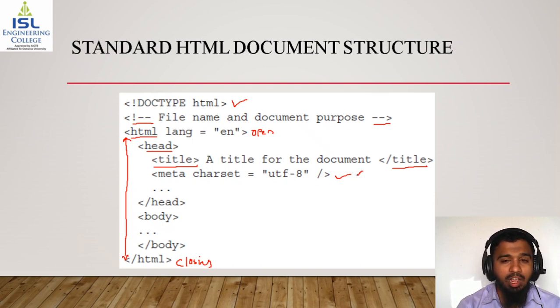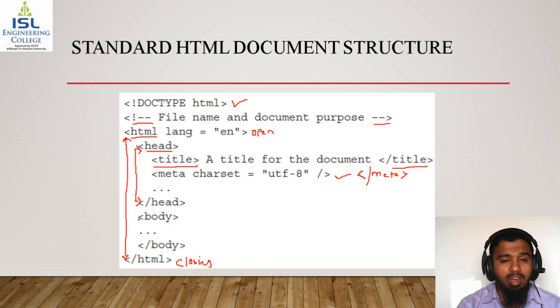Or you can take meta with a slash. You can create it like this, or like this. And this is the head opening tag and the closing tag. This will not be displayed on the website. This will help the browser identify what the head of the body is.